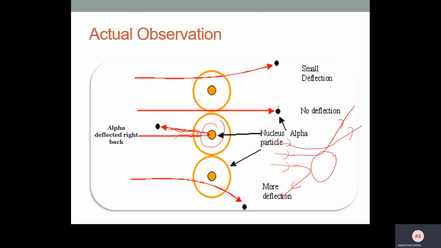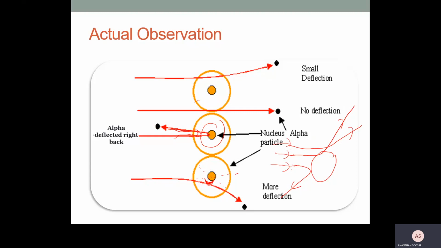Another year they asked: this one goes like this and comes out here. What is the angle of deflection? Find the angle of deflection. If you extend this straight line and this one too, then this should be your angle of deflection.